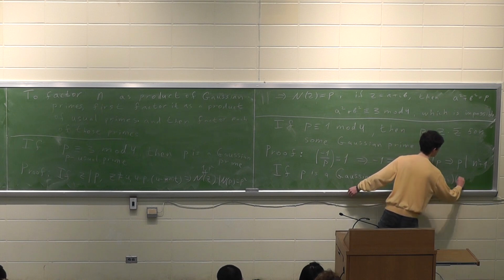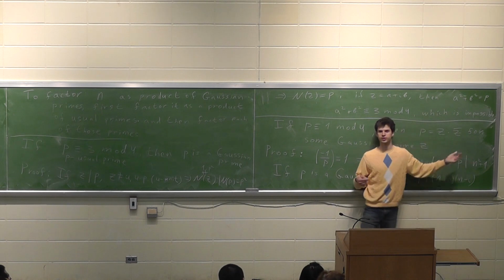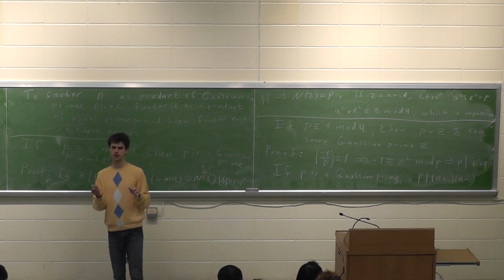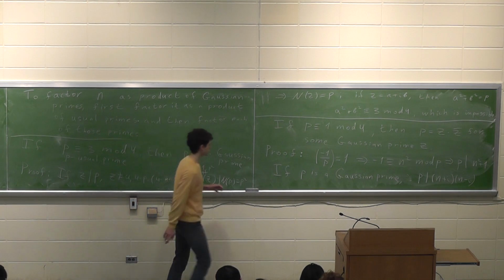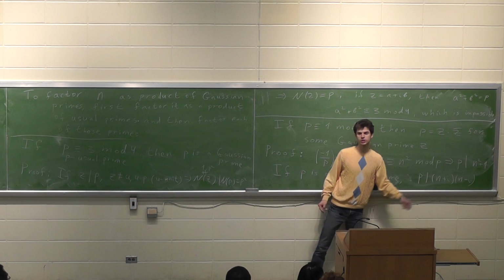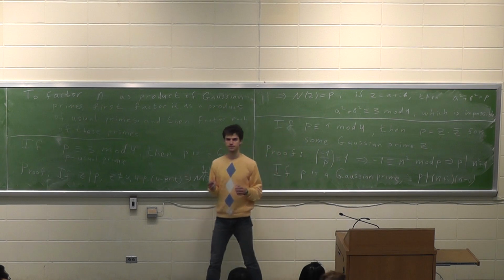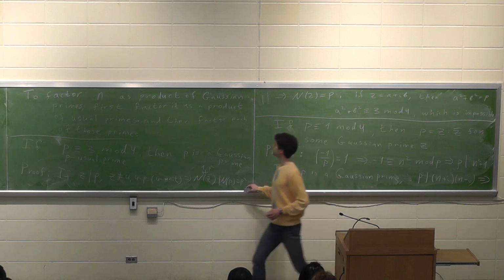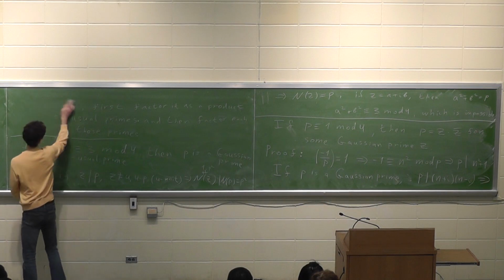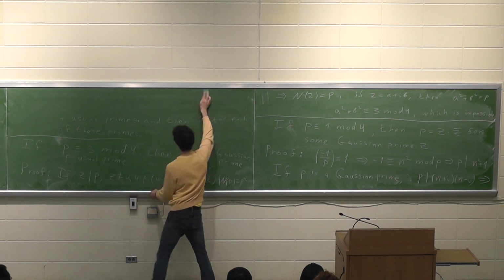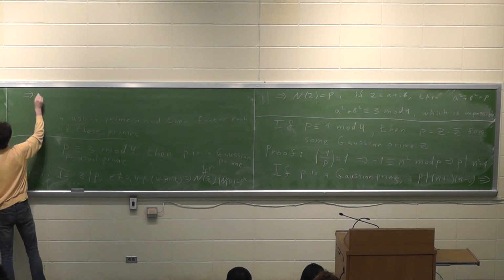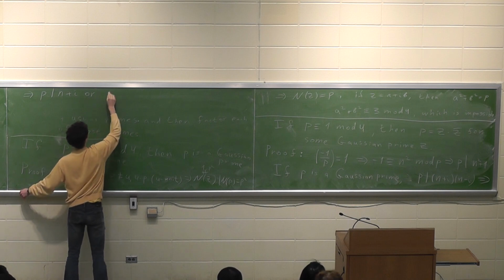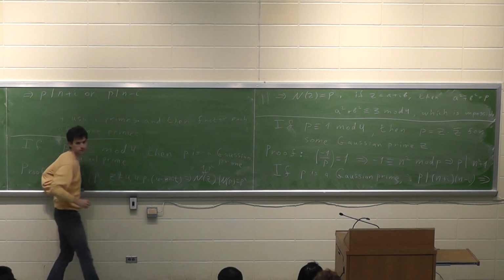This number n squared plus 1 is factorable in Gaussian integers. It's n plus i times n minus i. So if a prime number divides a product, it divides one of the factors. So then P is a divisor of n plus i or P is a divisor of n minus i.